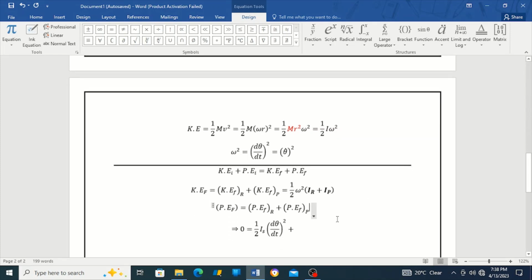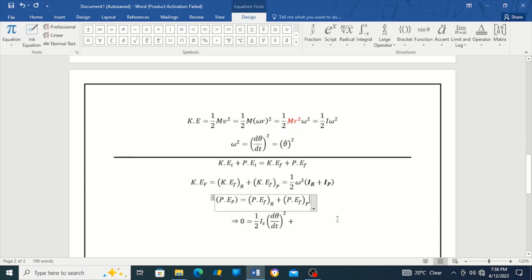Now we need to find those potential energies. Remember that potential energy is mgh. So for the rod, it is the mass of the rod, which is 4m, times g times h of the rod, plus for the particle, the mass of the particle, which is 2m, times g times h of the particle.